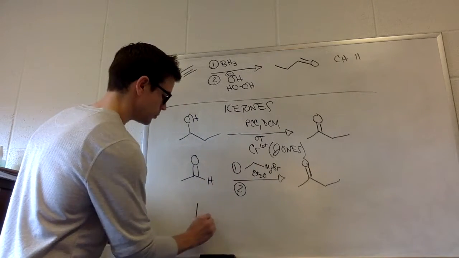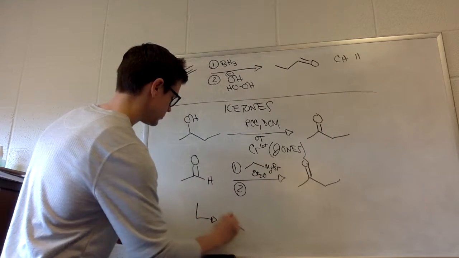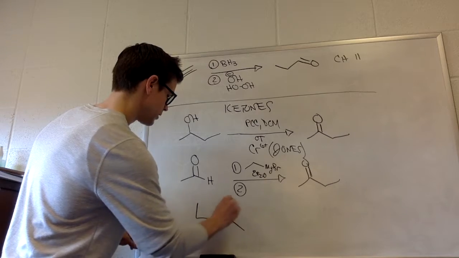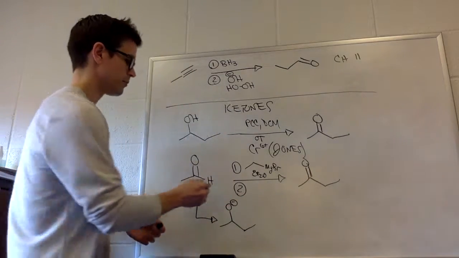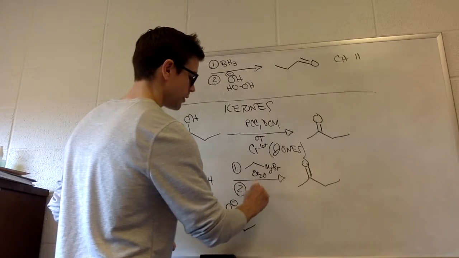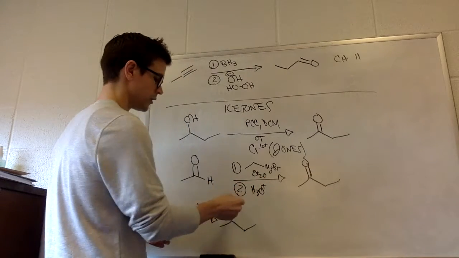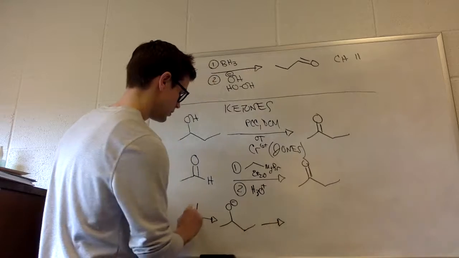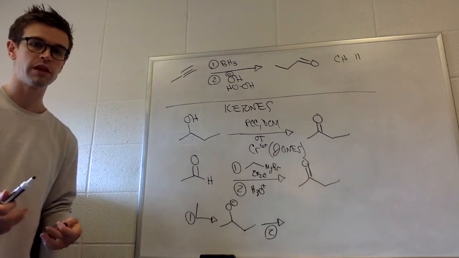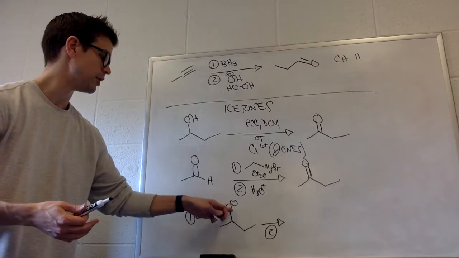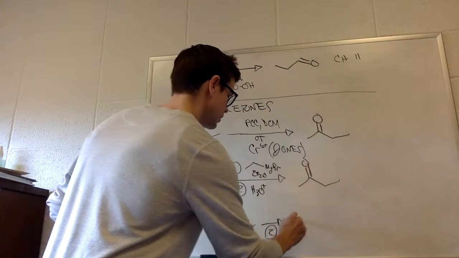That is going to produce the alkoxide of this. Secondly, we're going to have to add our proton source, so H3O+ is going to give a proton as an acid to this basic oxygen.